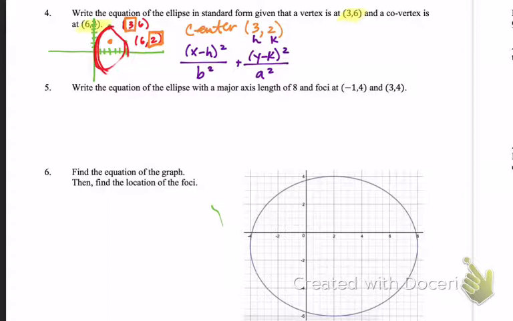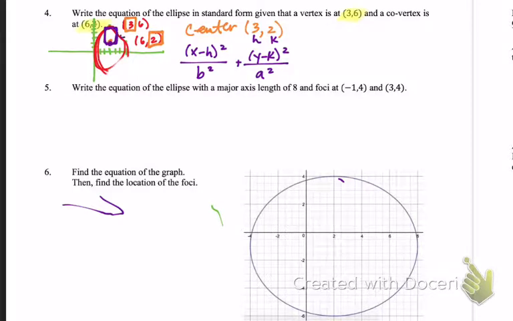And so if I'm solving for the length of my major axis, my major axis is going to be this length right here. The distance from my center, which is 2, all the way to 6.